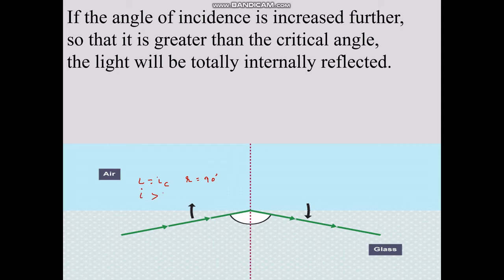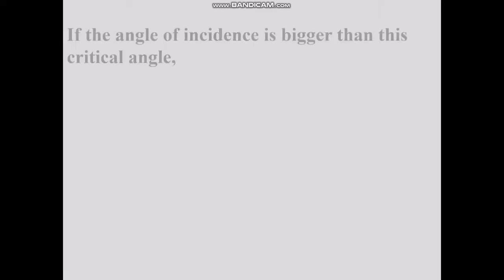Obviously, when your i is greater than ic, then r will be greater than 90 degrees. So, the light will come back in the same medium. And when light comes back in the same medium, you say that reflection has taken place. So, here we use the word that it gets totally internally reflected. That means no light is going to be in this particular medium.